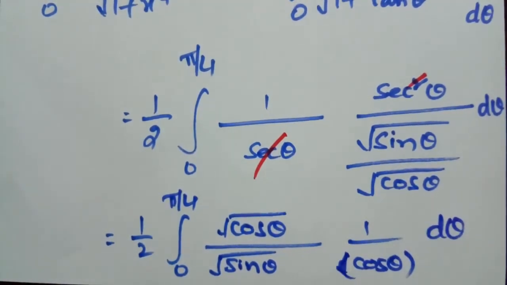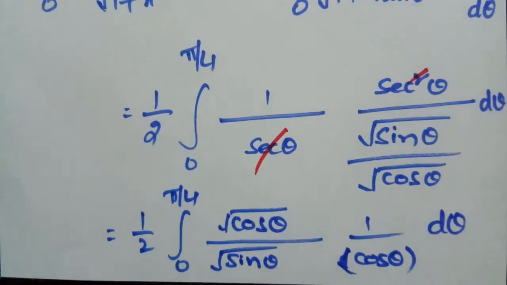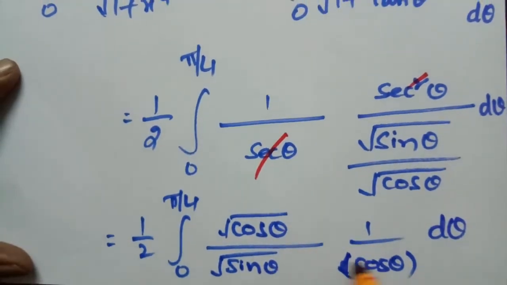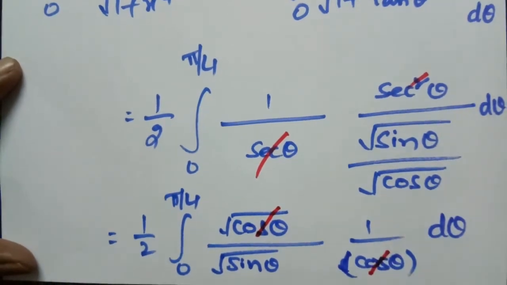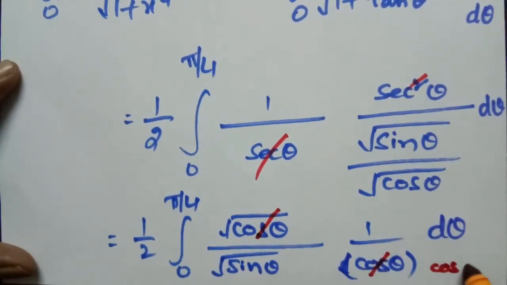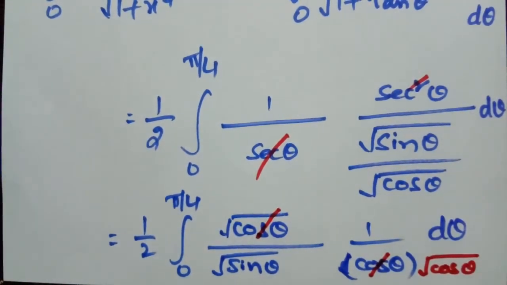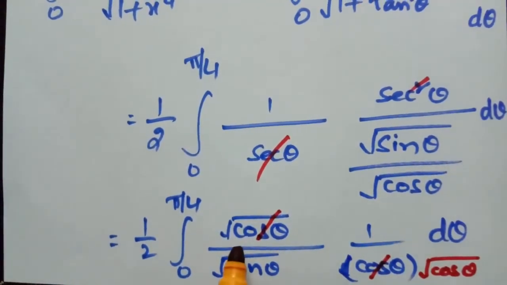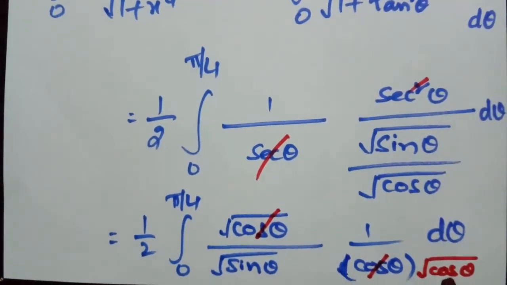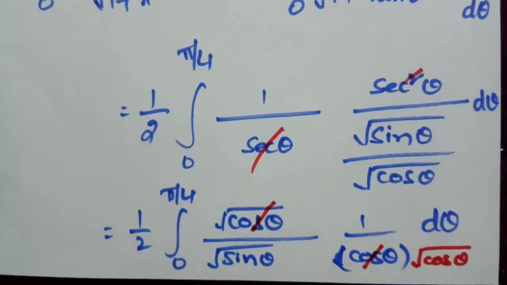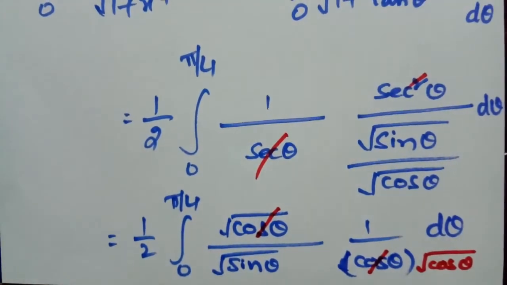Now cos theta gets cancelled here. Cos theta can be written as root cos theta into root cos theta. Root cos theta gets cancelled. Therefore the remaining factor is root of cos theta in the denominator, with root of sin theta into root of cos theta.